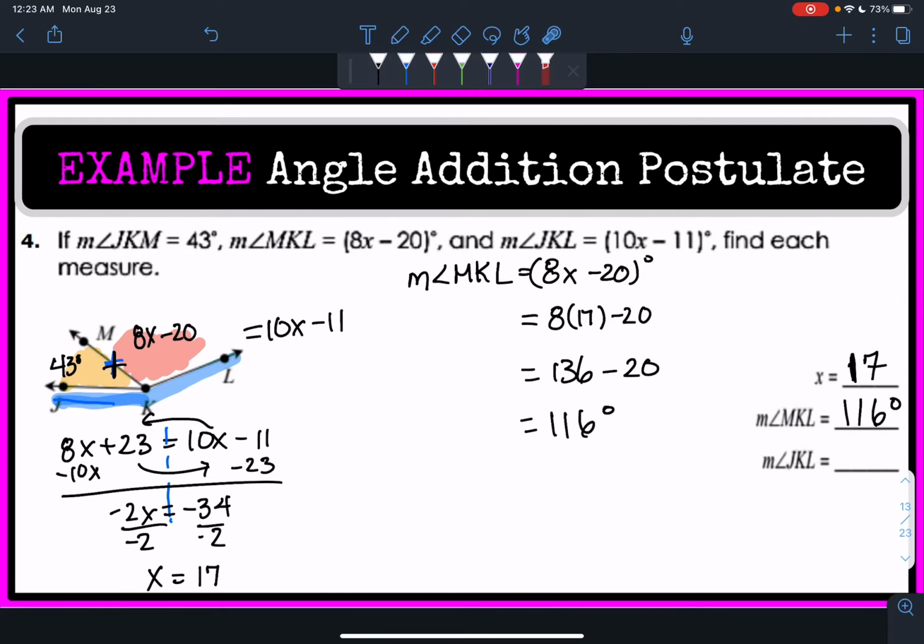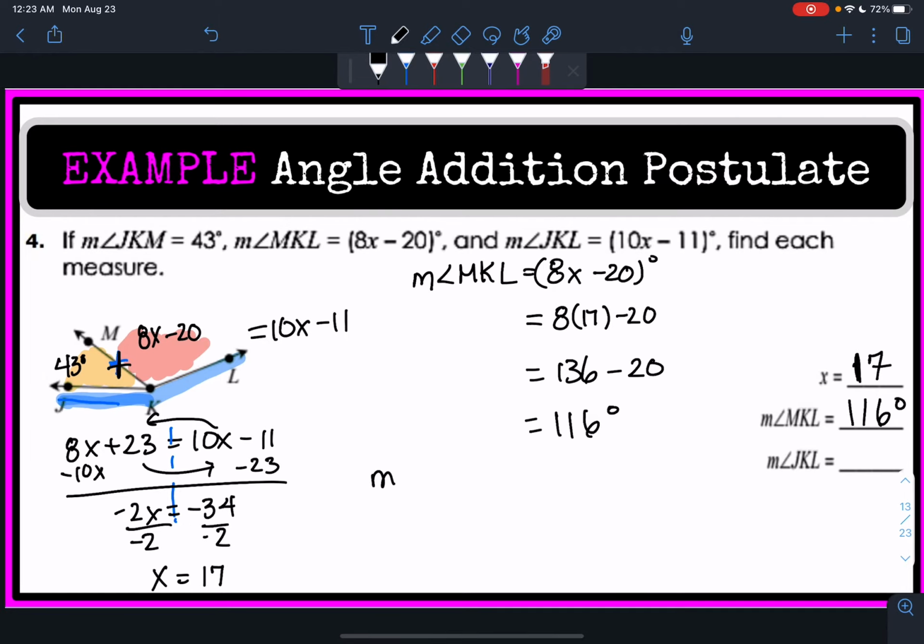We now want to figure out the measurement of JKL. JKM, nope, that's 43. Already know that one. We want this angle measurement, JKL. That's equal to 10 times x minus 11 degrees.